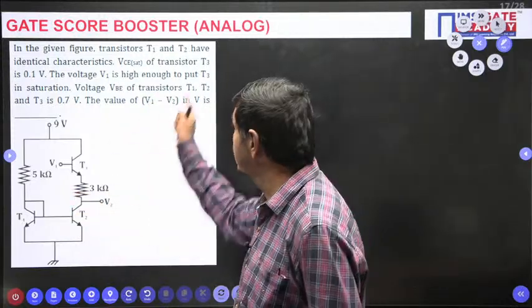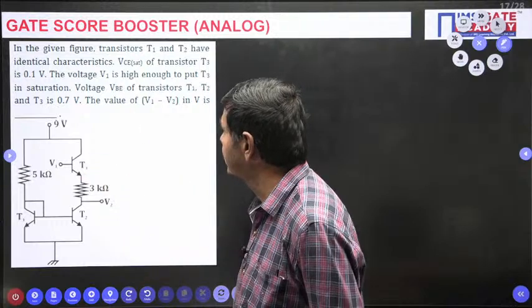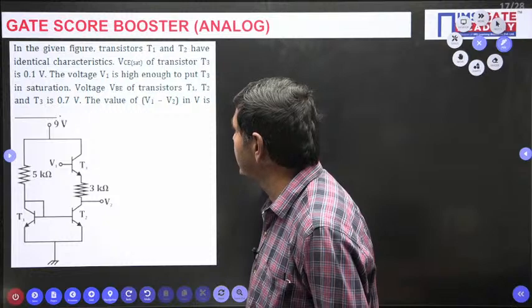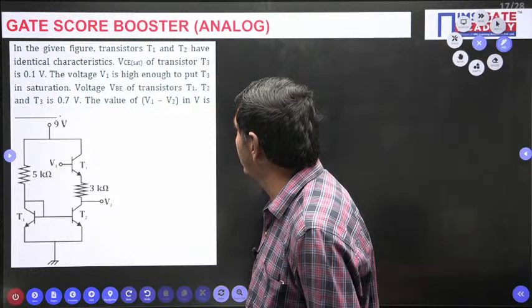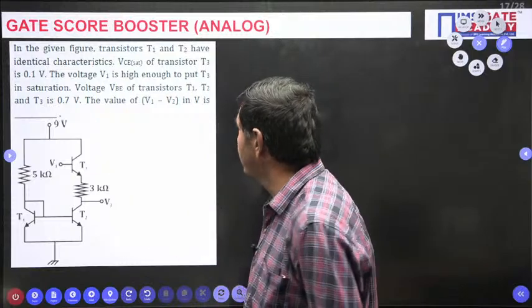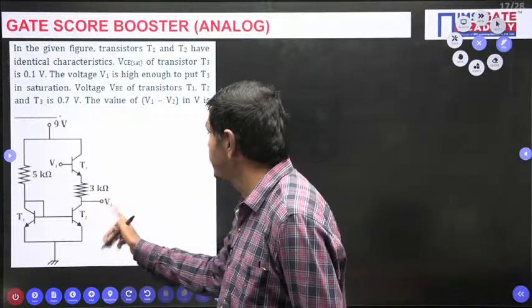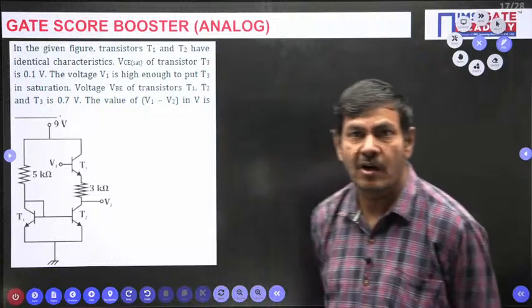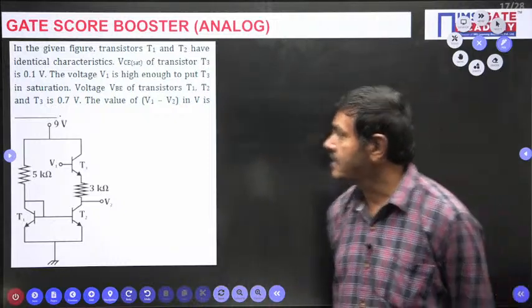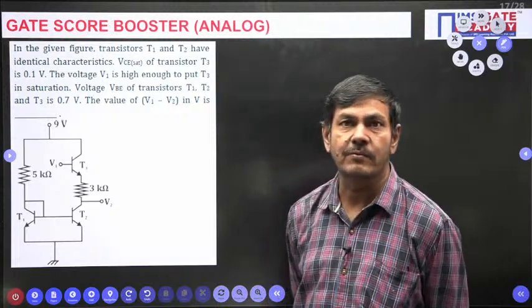The base-to-emitter voltage VBE of transistors T1, T2 and T3 is 0.7. The value of V1 minus V2 is asking for how much? The difference of the voltage, V1 minus V2, is required.